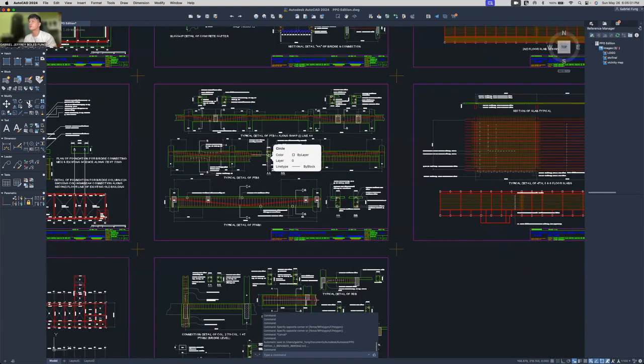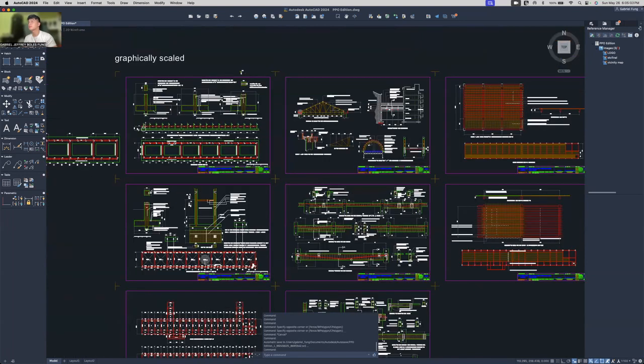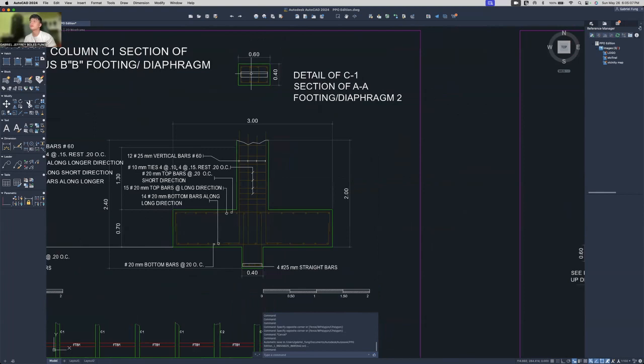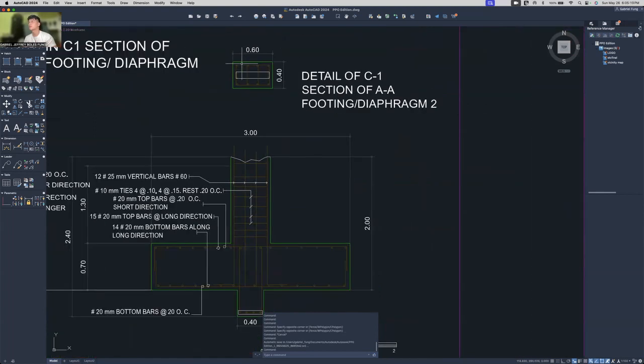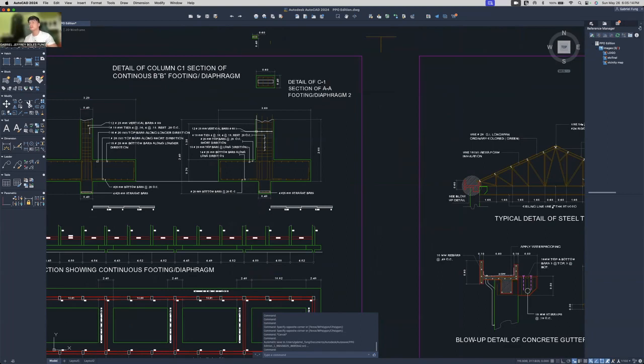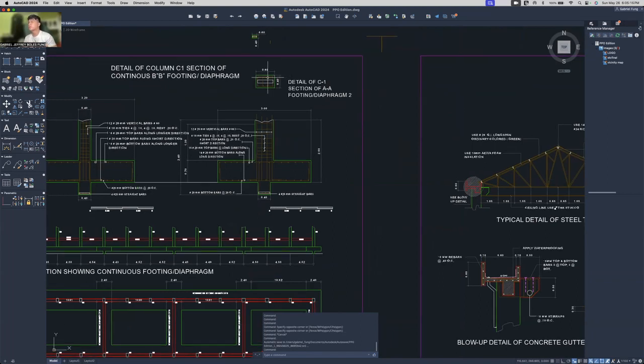Next is the stirrups. So we calculated the perimeter of the stirrups for one tie, for the columns, one perimeter for the tie, and then multiplied it by the total length.